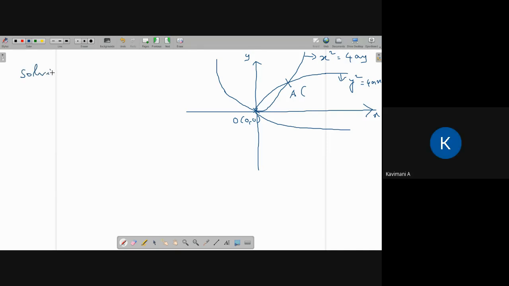Sir, A comma A. No. X square equal to 4ay and y square equal to 4ax.